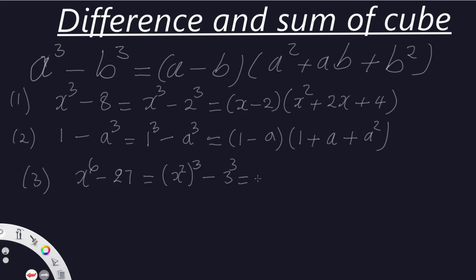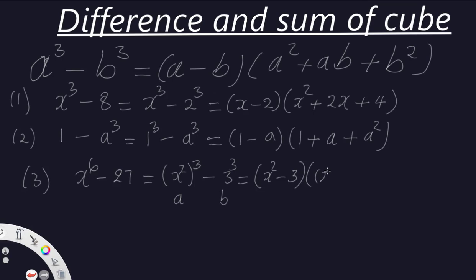Very good. Now, the next thing, we have to use the formula. Think about a cube and b cube. So we have a, which is x squared, minus b, which is 3. And we close the bracket. We open another bracket. Then we have a squared, which means x squared squared.